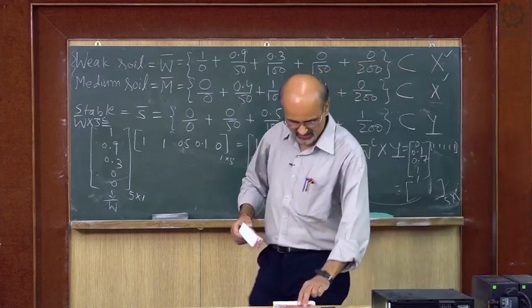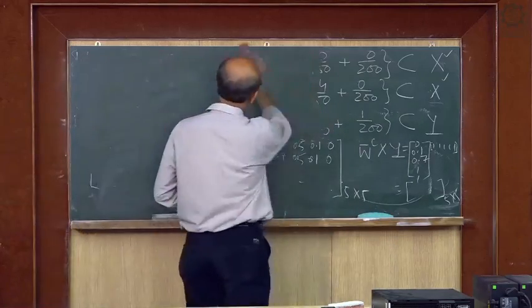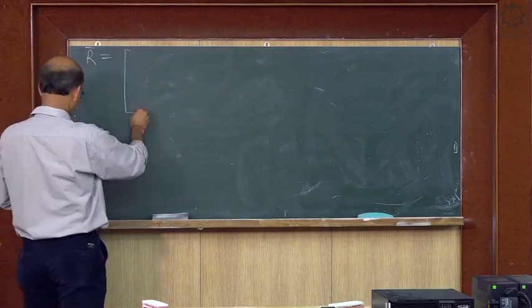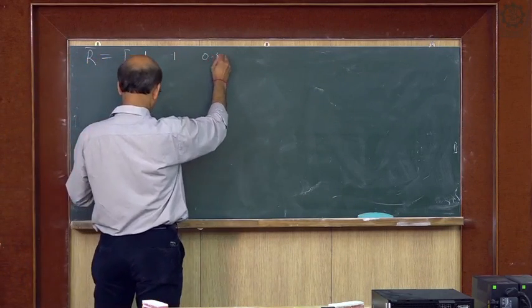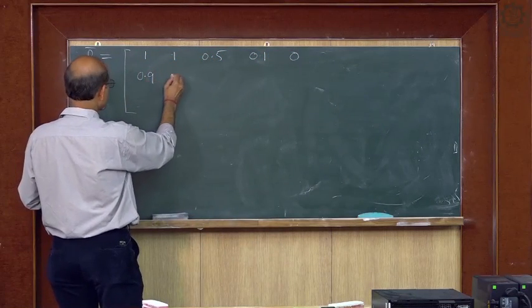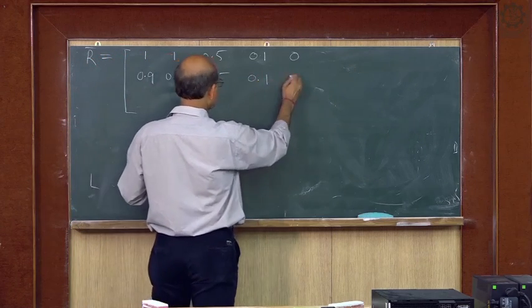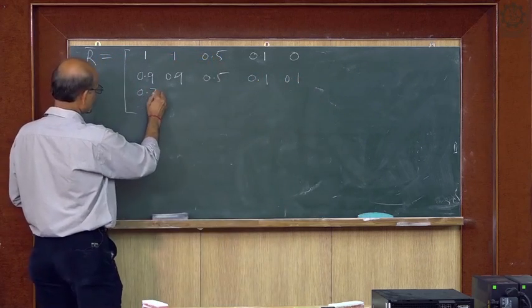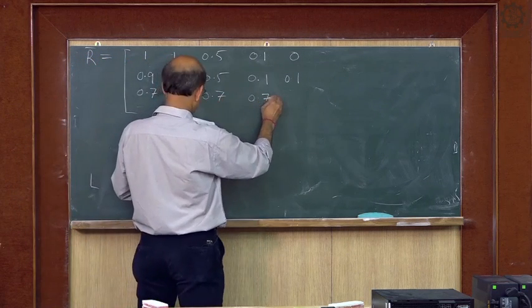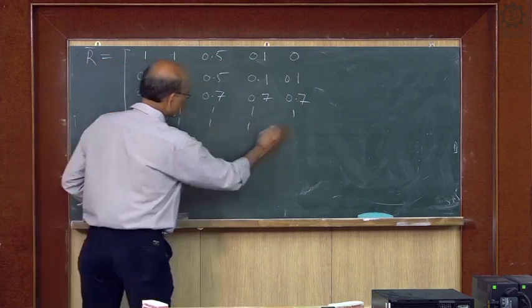Okay? Let me write the R directly. R is your 1, 1, 0.5, 0.1, 0, 0.9, 0.9, 0.5, 0.1, 0.1, 0.7, 0.7, 0.7, 0.7, 0.7 and the others.